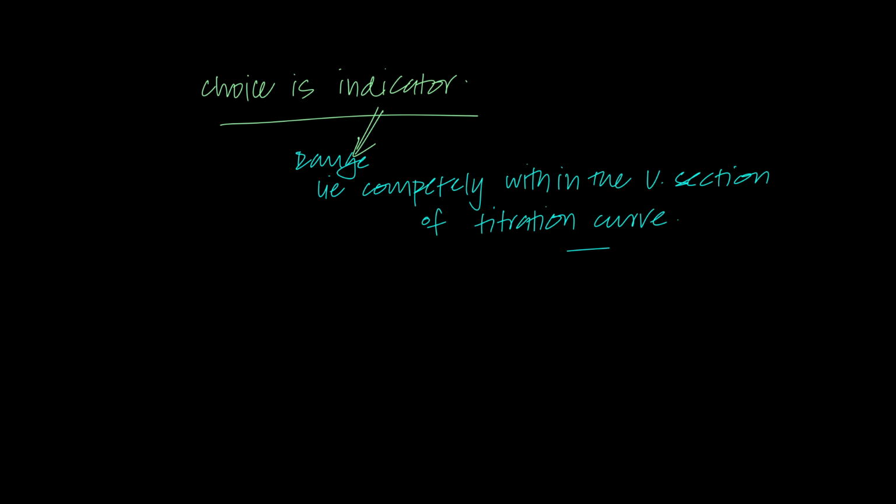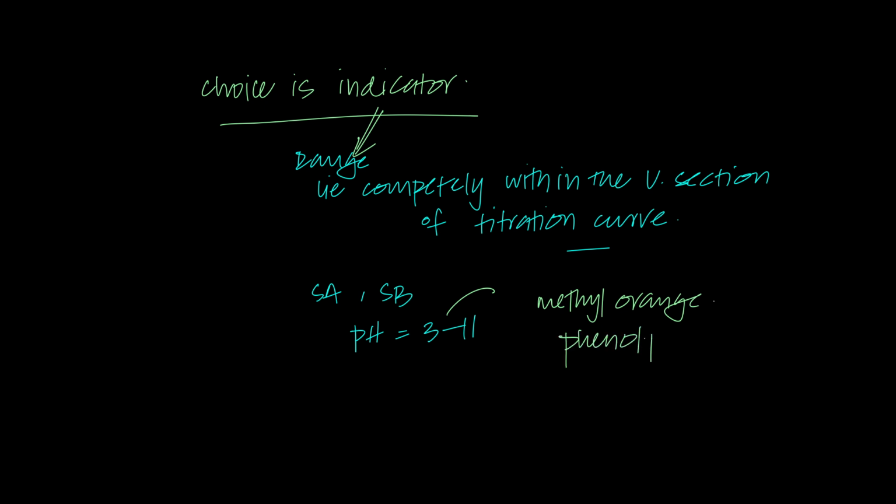Normally what you realize is that if it's a strong acid and a strong base reacting together, the vertical section is from 3 to 11. And the two indicators that fall in this particular range are normally methyl orange and phenolphthalein. That's why in O levels and IGCSE you were normally given these two. Done.